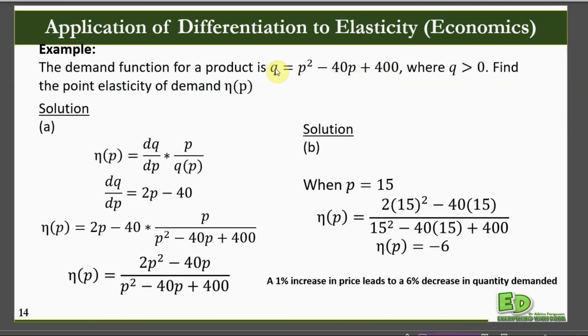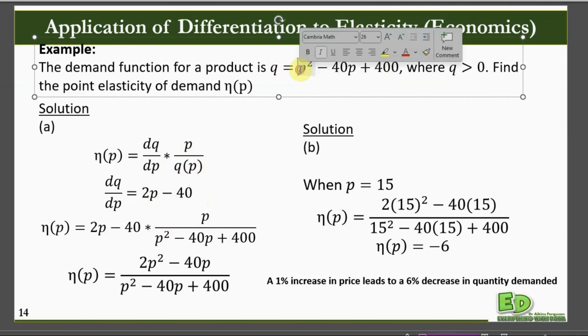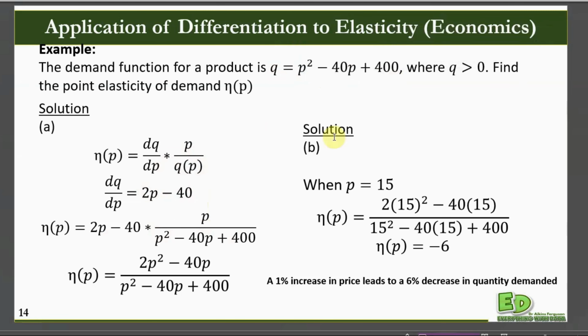So dQ over dP will give us 2P minus 40, times P. We don't know P, so P here over Q. Q has been given as this whole function, so over P squared minus 40P plus 400. 2P minus 40 multiplies P. That gives you 2P squared minus 40P, all over P squared minus 40P plus 400.